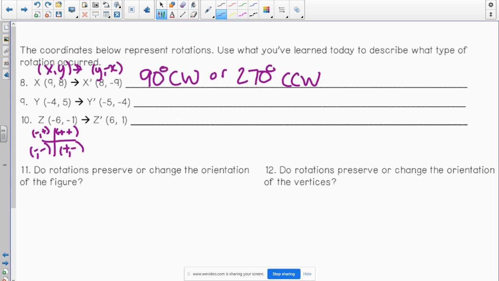Counterclockwise. Okay, again, we can kind of look at spacing here. If this is -4, 5, which would be here in quadrant 2, it's going to a negative quadrant, which is down here. So we can look at clockwise. Quadrant 2 to quadrant 3 would be 270 degrees. I'm sorry, whoops, that was clockwise.